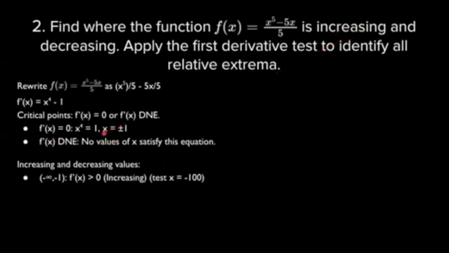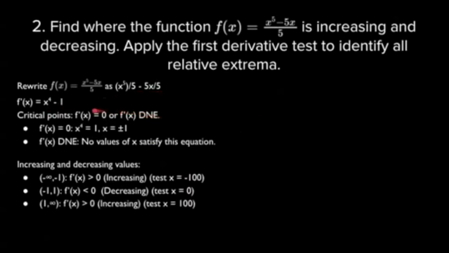So that's one of the intervals. And now let's plug in some points from negative 1 to 1. Our test value can be 0. So if you plug in 0 here, we get negative 1. And all the numbers between negative 1 and 1 plugged in would result in a number less than 0, so decreasing.